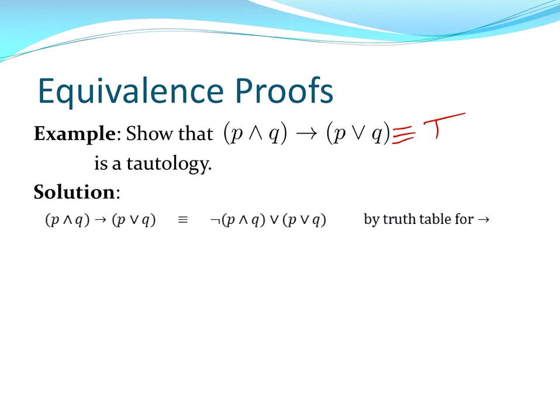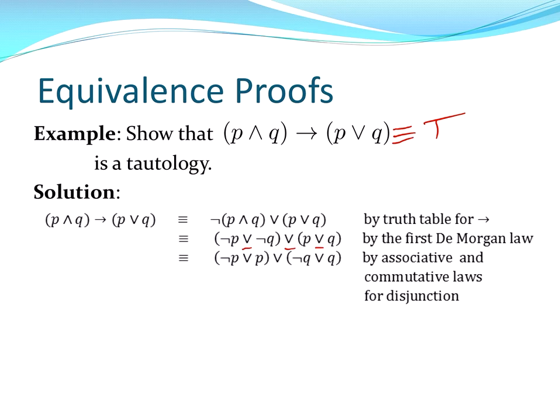We want to show that it's always true. The next thing we're going to do is De Morgan's law on that negation sign. And now notice that we have a sequence of disjunctions. If I've got a sequence of disjunctions, I can do those in any order I want by the associative law.